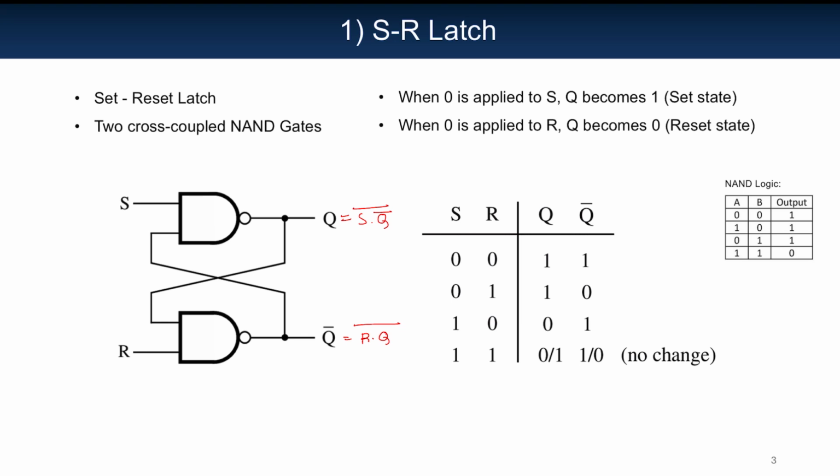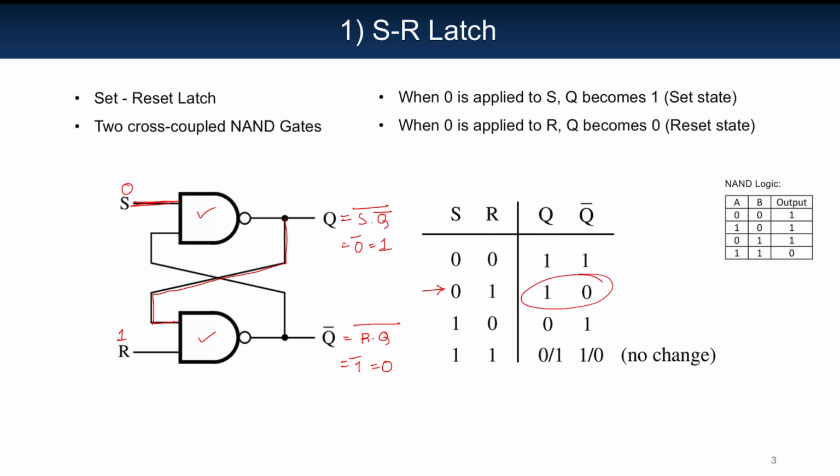There are four possible cases of the inputs. Let us start with this one where S is 0 and R is 1. The 0 value is fed into the upper NAND gate, which makes Q to be 1, just according to the NAND logic. That 1 value is then passed to the lower NAND gate, which makes Q bar to be 0.